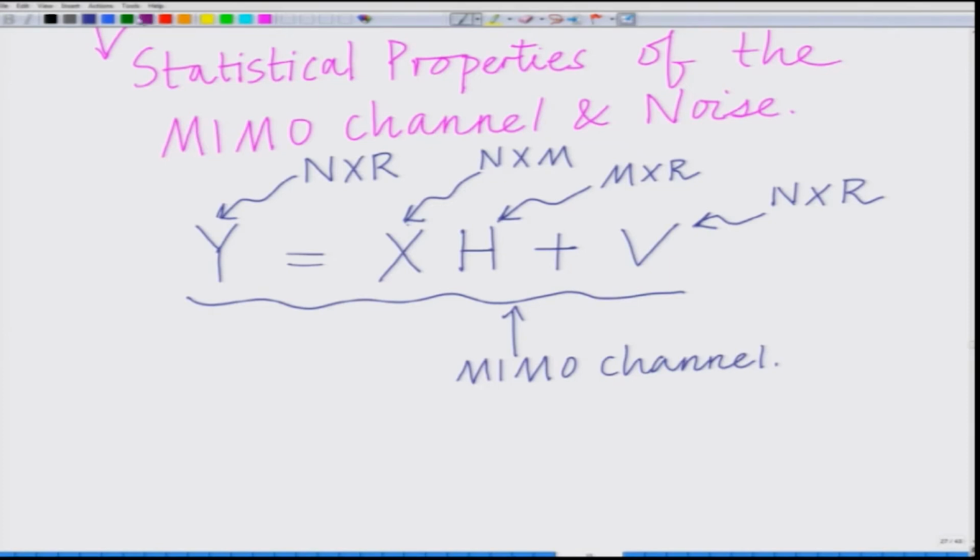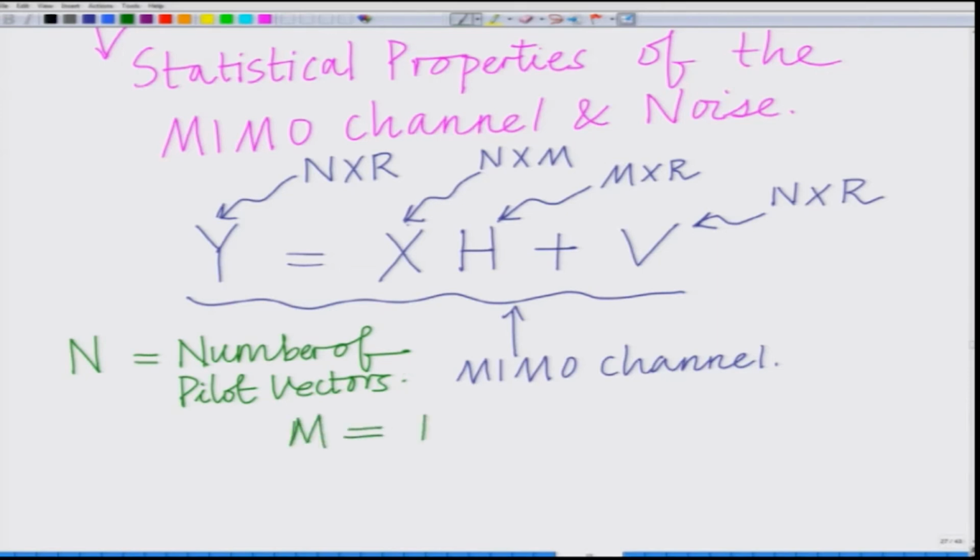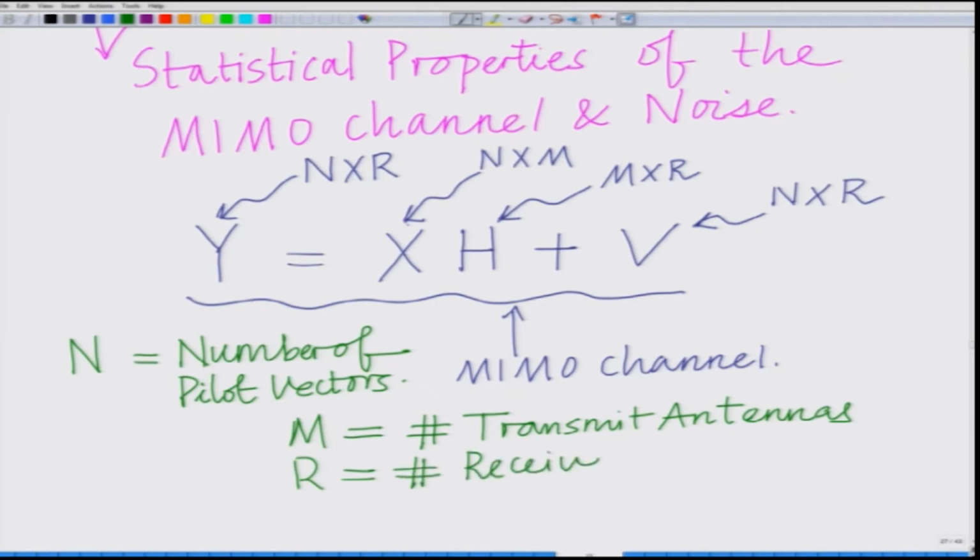And what are the various quantities we have? n equals the number of pilot vectors, m equals the number of transmit antennas, alright, and r equals the number of receive antennas.